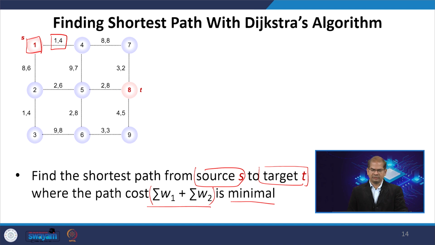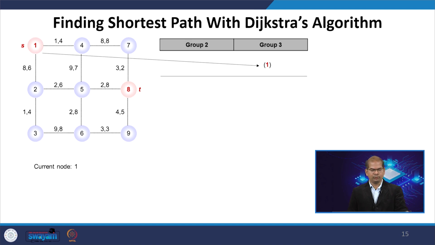Now, all the nodes are in group 1, so I am not showing group 1 here. I am interested in group 2 and group 3, because all the nodes at the starting of the algorithm are in group 1. So, we are starting the algorithm from the source node.